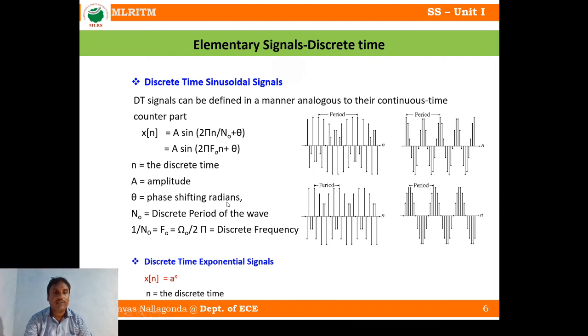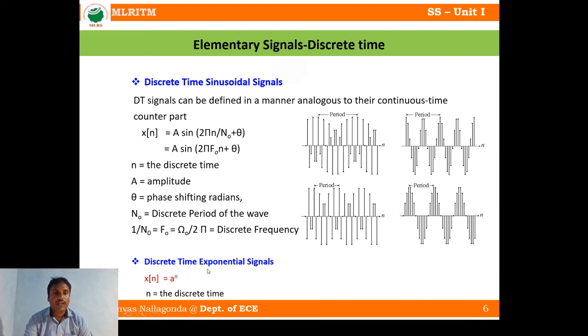Theta indicates phase shift, A indicates amplitude, n indicates discrete time, and 1 by N naught indicates the discrete frequency. Next you can see some sinusoidal signals in discrete form: positive cycle, negative cycle, positive cycle, negative cycle, and so on, but all in discrete format. Here also you can see sinusoidal signals. These are the graphical representations of discrete time sinusoidal signals.